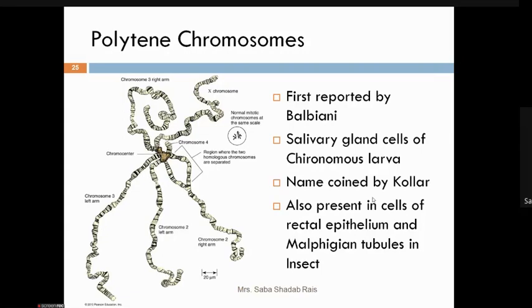Rectal epithelium means the epithelial layer of the rectum, and Malpighian tubules are part of the excretory system of insects. They function just like the kidney in the insect. In short, we can say they are part of the digestive system of various insects.